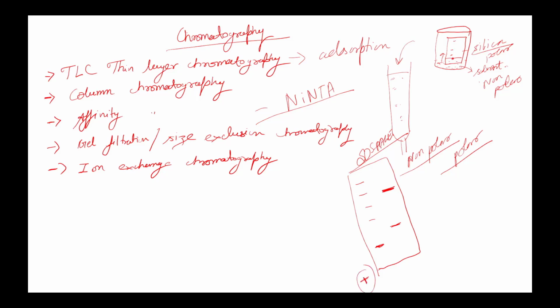As SDS is an anionic detergent, it coats all the proteins, so they have a negative charge and migrate from negative to positive in the electrophoresis system. Even though all the proteins move towards the positive charge, in the polyacrylamide gel the one with lower molecular weight will move faster compared to the higher molecular weight. That is how the movement takes place in SDS-PAGE.